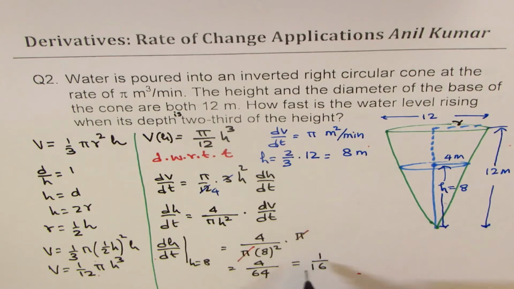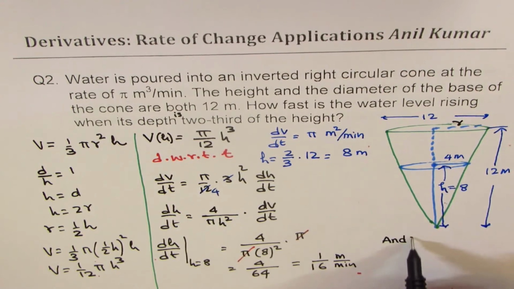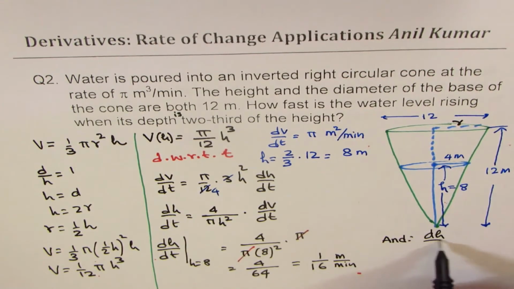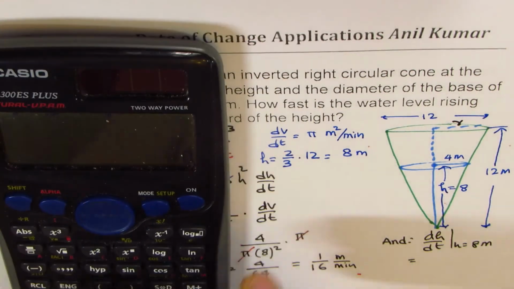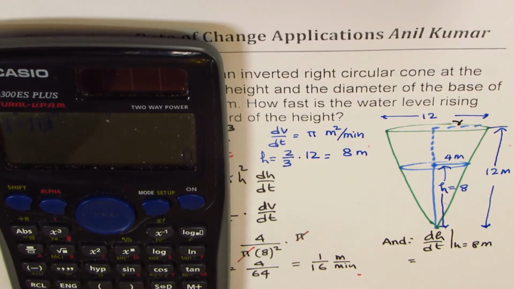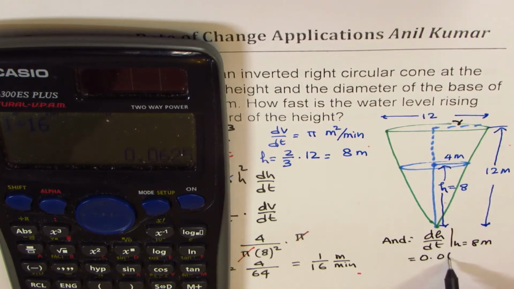And the units are meters per minute, right? So our answer is that the rate of change of height, dh dt, when height equals 8 meters is, we could write in decimals, let's do it, 1 divided by 16 equals 0.0625 meters per minute.